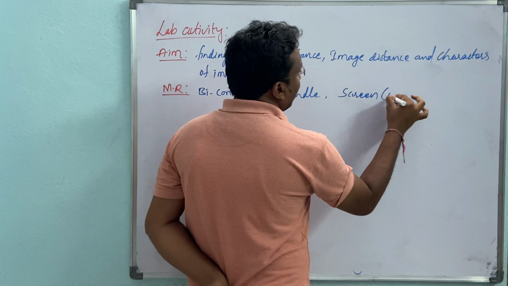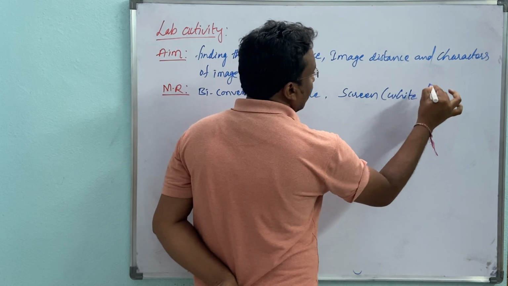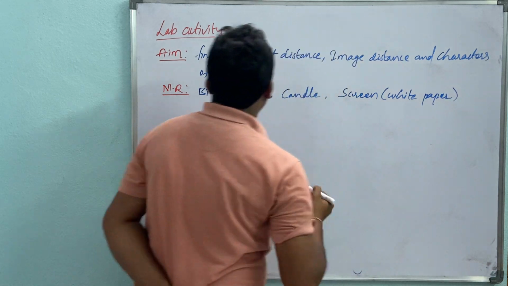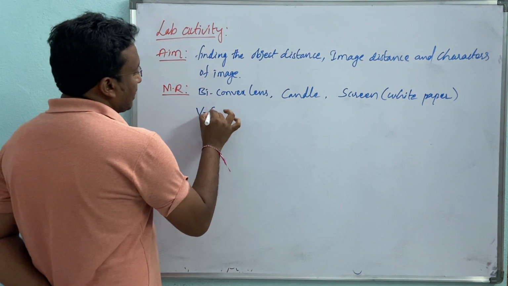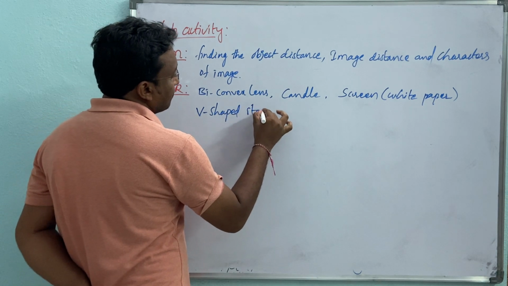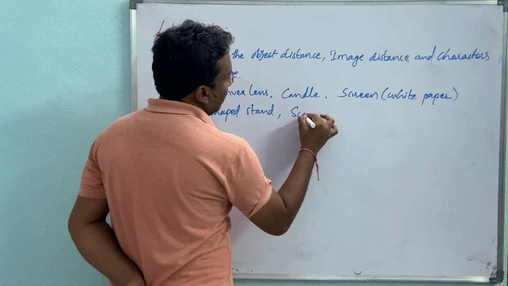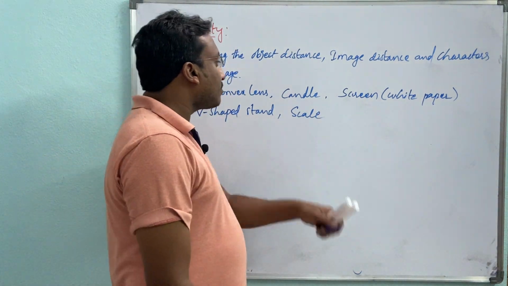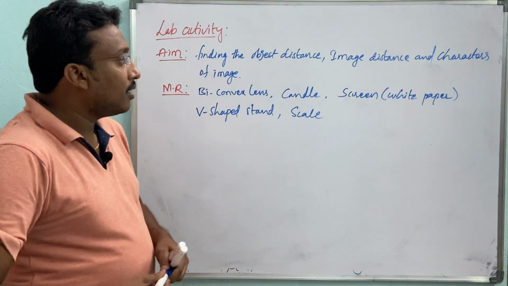Then white paper I will use as a screen. White paper. Okay. V-shaped stand and scale, meter scale. Okay, these are the materials.